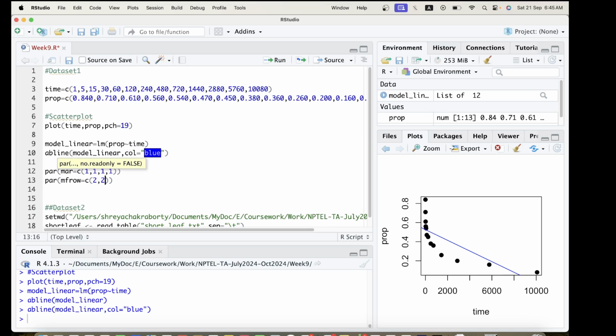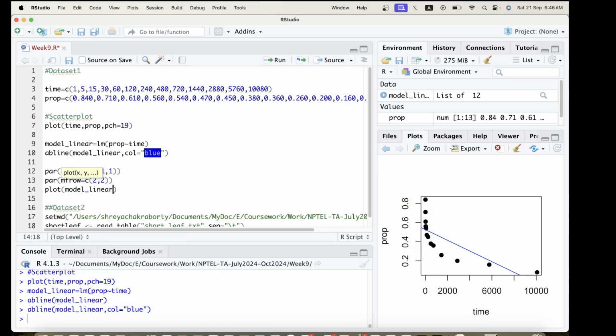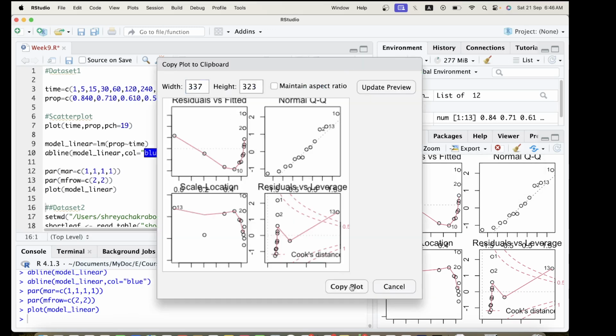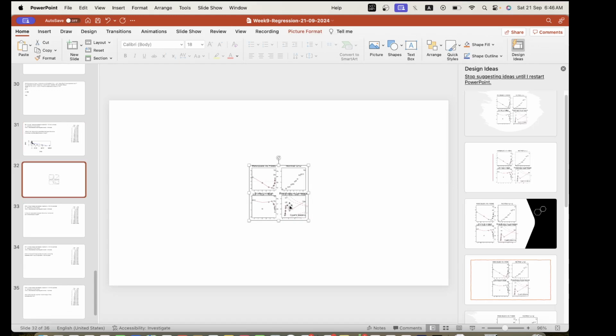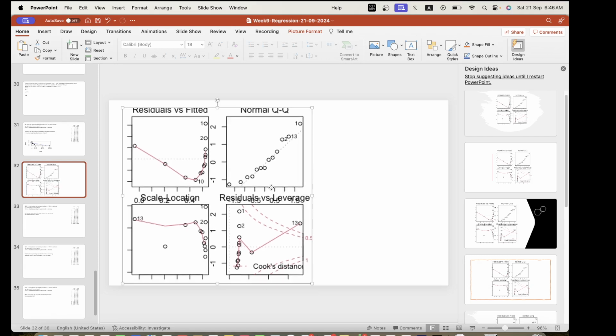And then, if I plot my model linear, I get a plot like this. Now, if we look closely at this residual plot, it clearly shows some sort of nonlinear pattern.